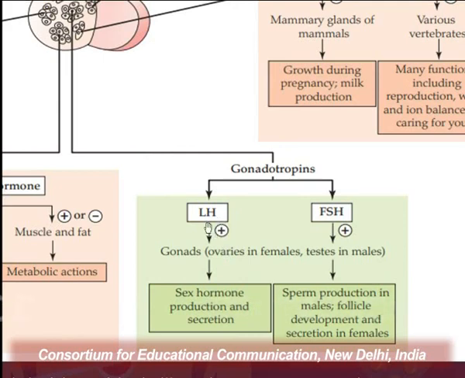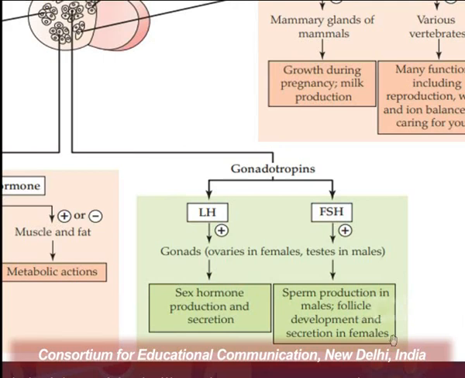Both of them act primarily on the gonads, that is ovaries in females, while testes in males. LH is primarily involved in steroidogenesis, so it stimulates the steroidogenic cells of these gonads to release the sex steroid hormones.